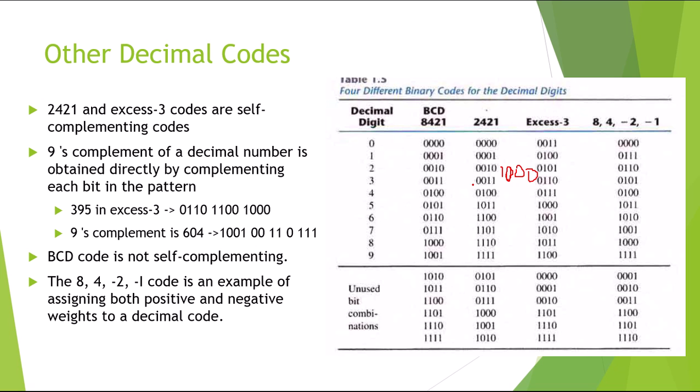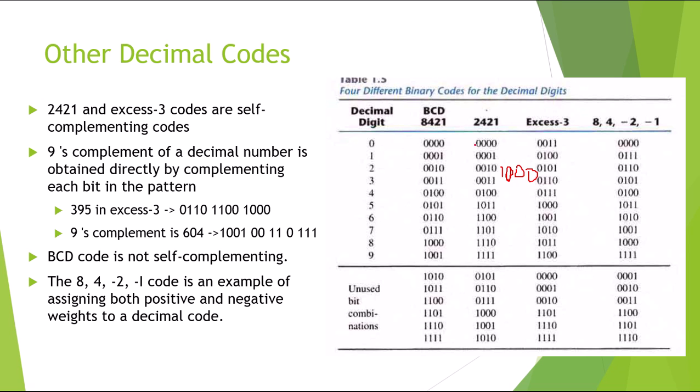Okay, and 3 I can write as 0011, so I give weightage to 1 and 2 here, or I can write 1001. Again, this will have a weightage of 2, and the last one will have a weightage of 1, as 3.